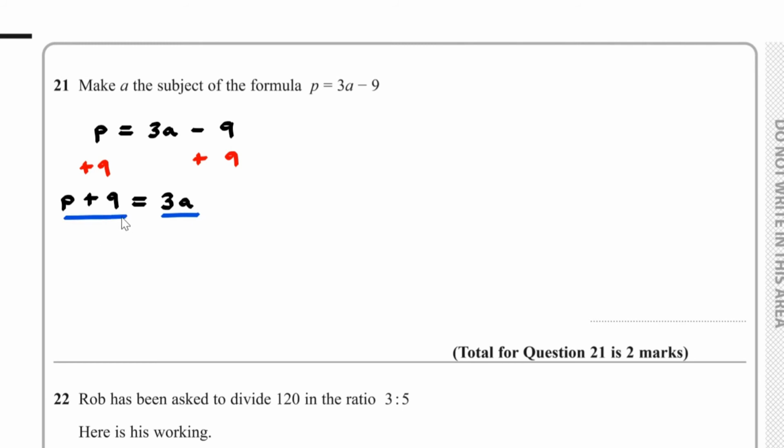And now if I divide both sides by 3, what we can see then is A equals (P plus 9) over 3. So we have A equals (P plus 9) over 3.